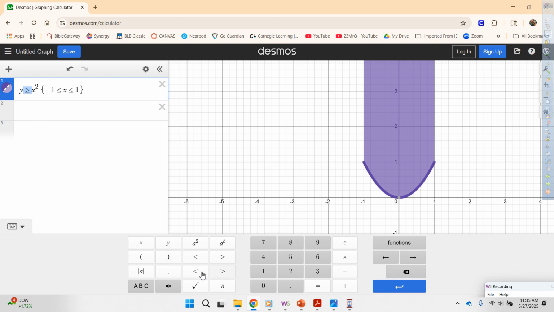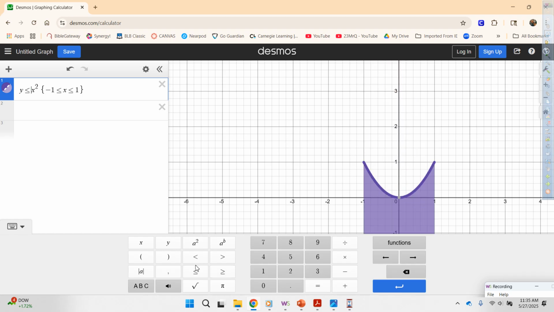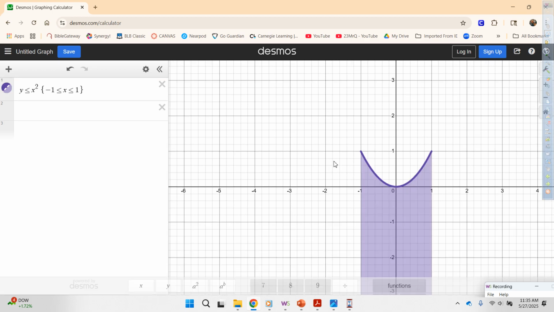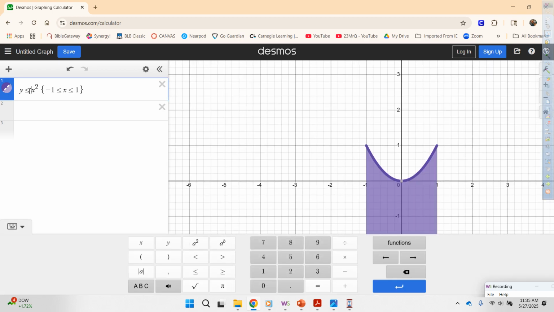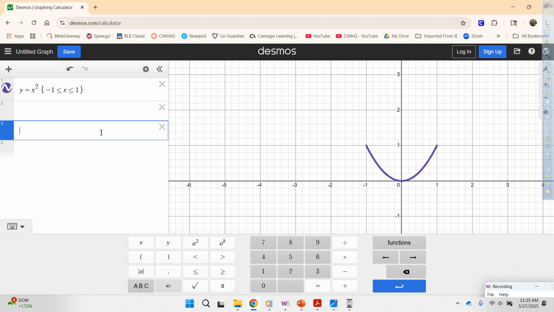We'll change that to less than or equal to. Let's say you didn't want to color it, then just go to the original and change it to equal.